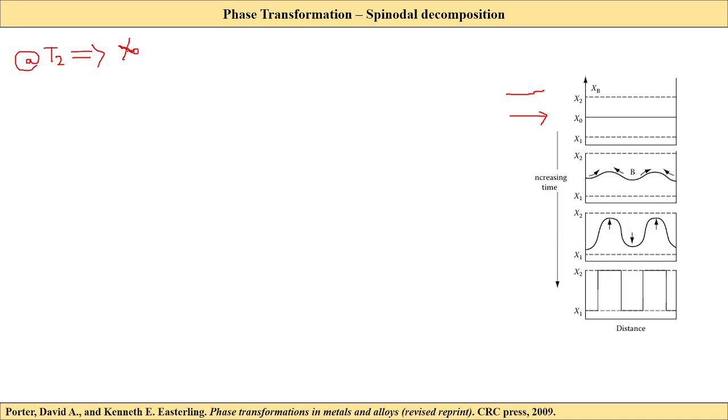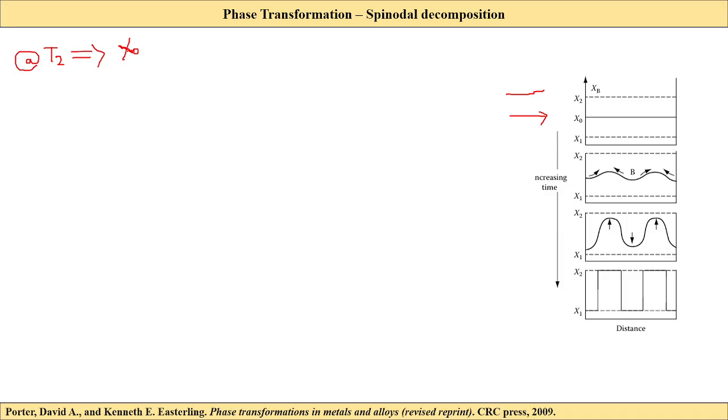Now, once my alpha, which is a solid solution, is quenched to T1, again I have reached the supersaturation criteria. That means my atoms will diffuse, from alpha to become alpha 1 and alpha 2.